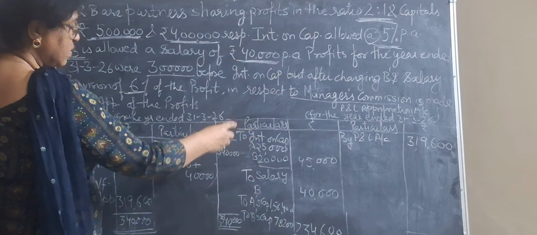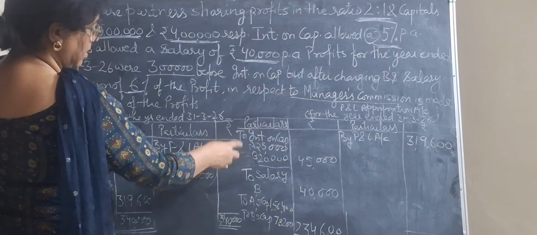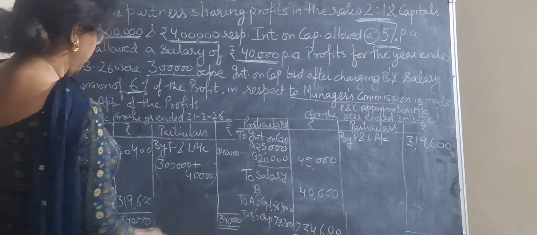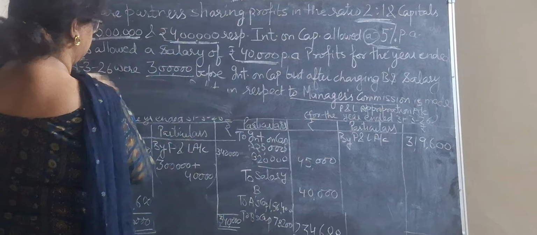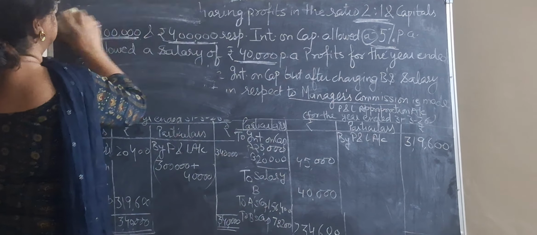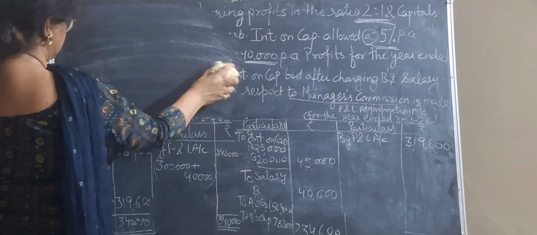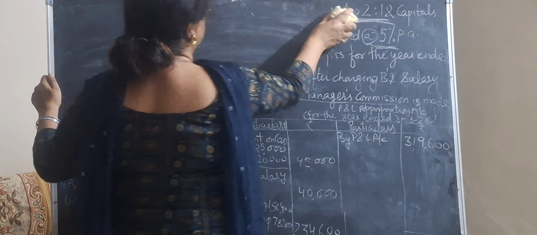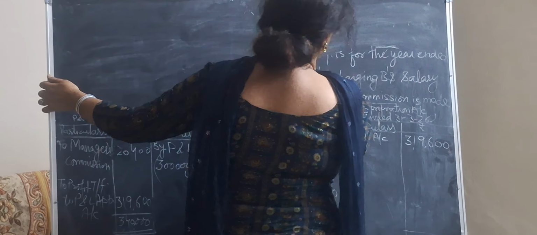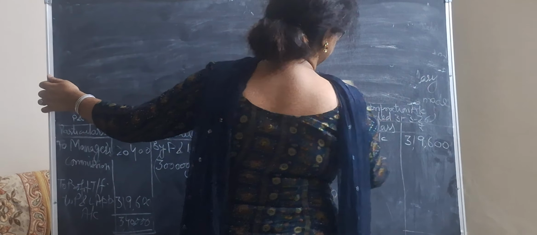In the previous class we did certain journal entries, that is the closing entries. Here are certain closing entries as well, and some transferring entries are also there. So we'll do the closing and transferring entries of these transactions.